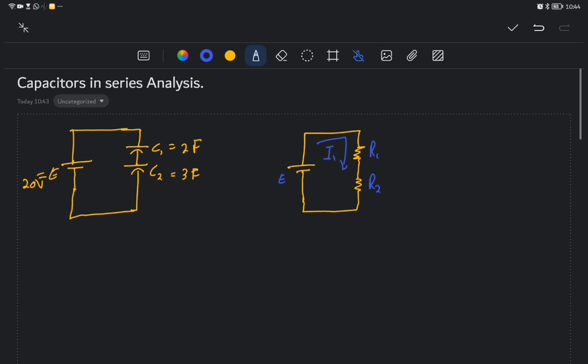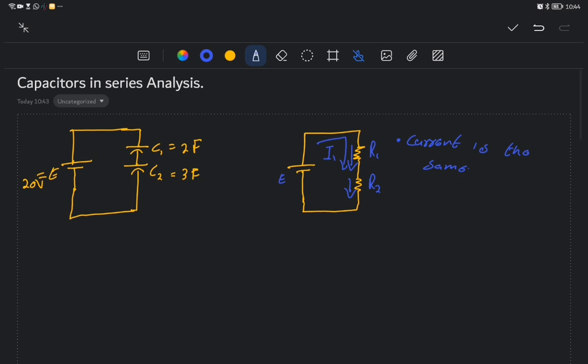Maybe it's I1, it is the same. The current flowing through this first resistor is the same as the one flowing into the second resistor.